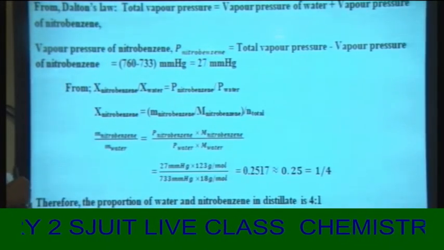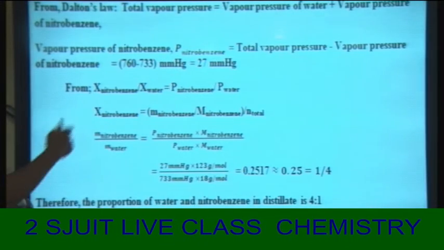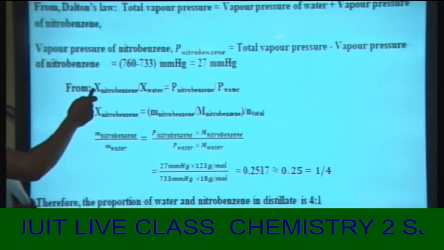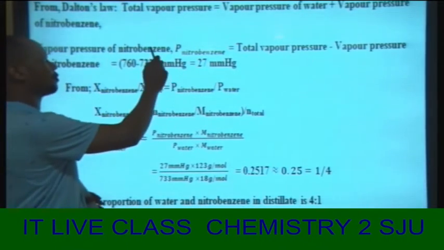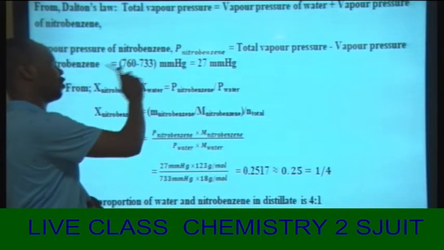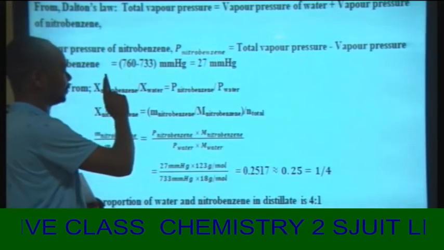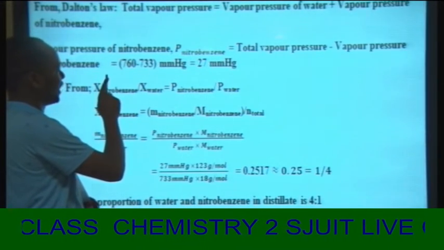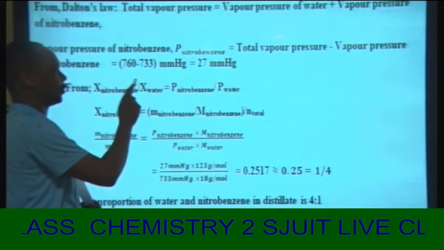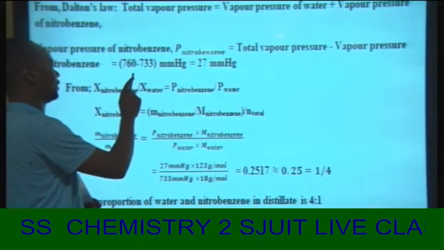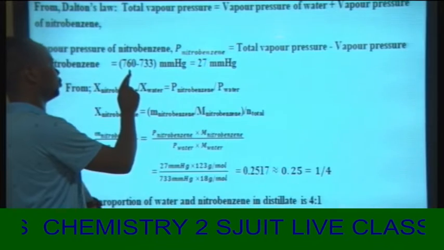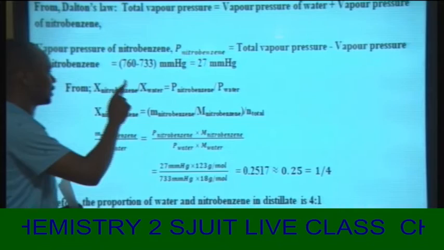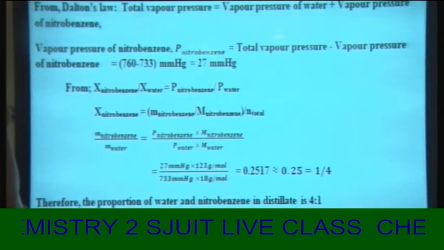We have a vapor pressure of water which is 733 millimeter of mercury, and from the total vapor pressure the vapor pressure of nitrobenzene can be calculated as total vapor pressure, 760 millimeter of mercury, minus the vapor pressure of water, 733 millimeter of mercury.